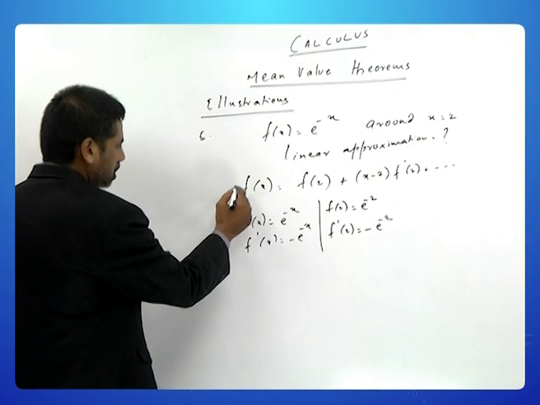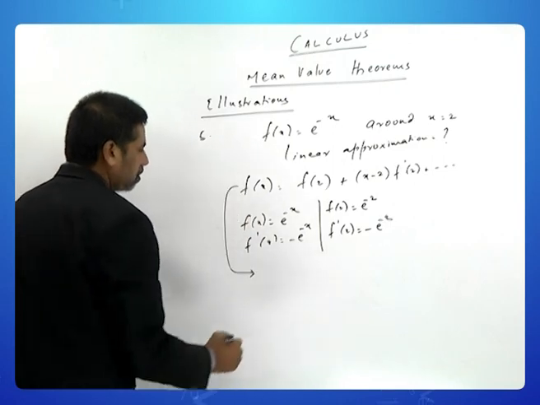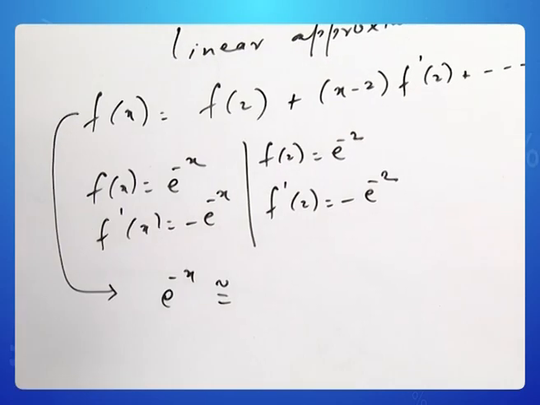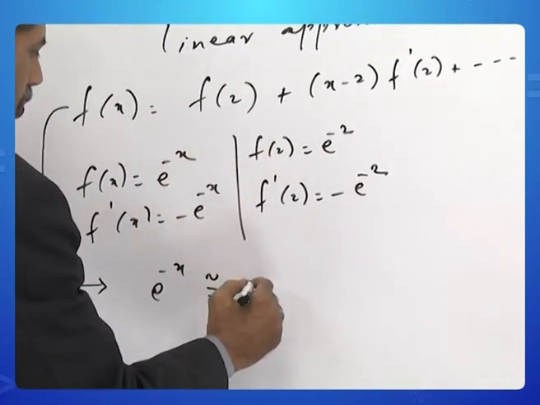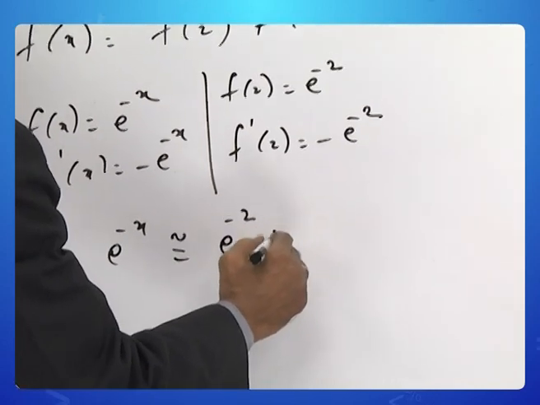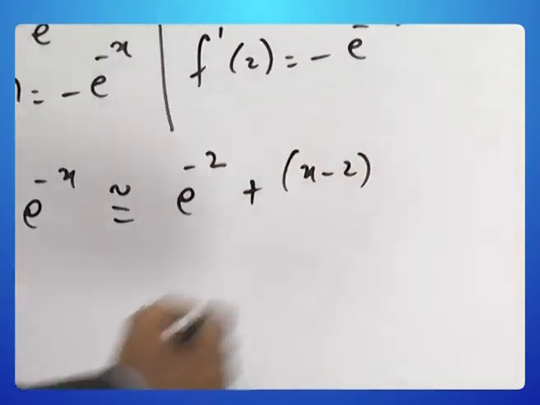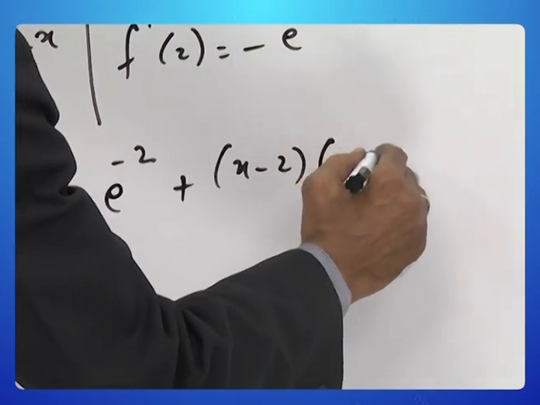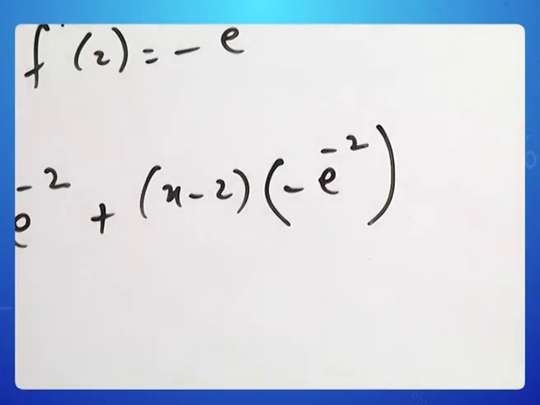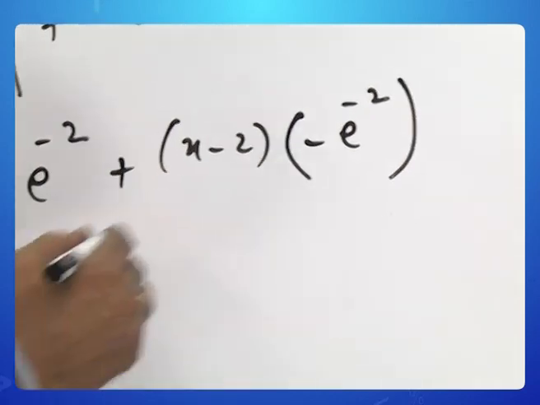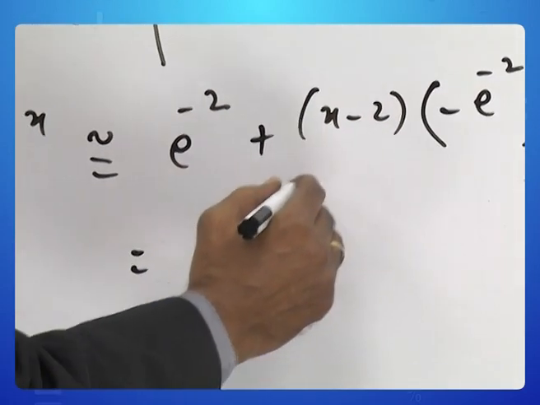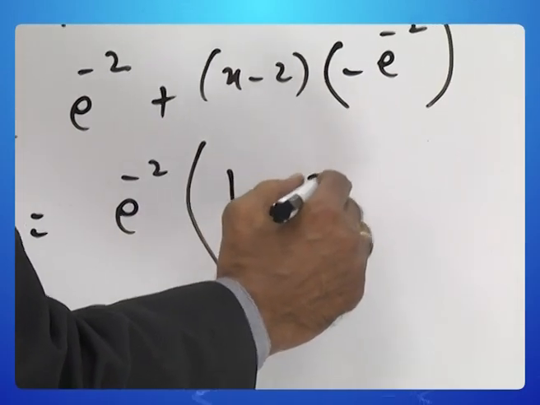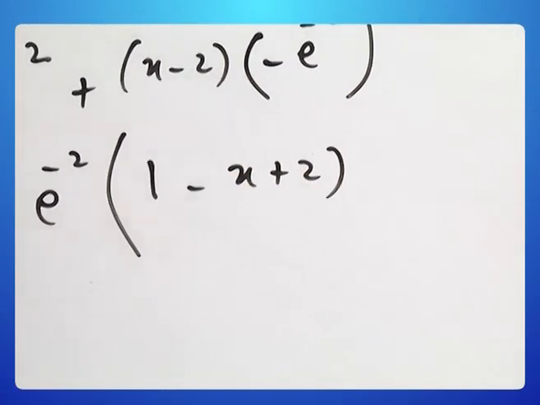Now let us substitute this in this expansion formula. e power minus x is approximately f of 2, which is e power minus 2, plus x minus 2 into minus e power minus 2. So therefore, if you take e power minus 2 common, you will get 1 minus x plus 2.